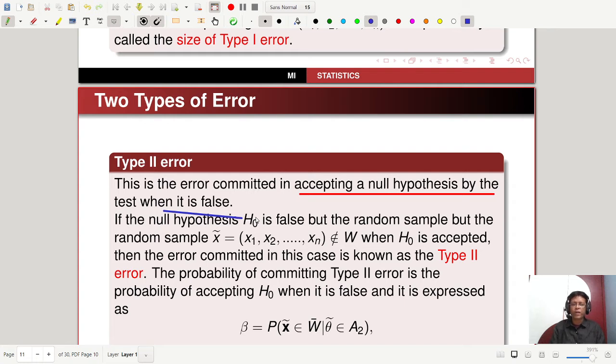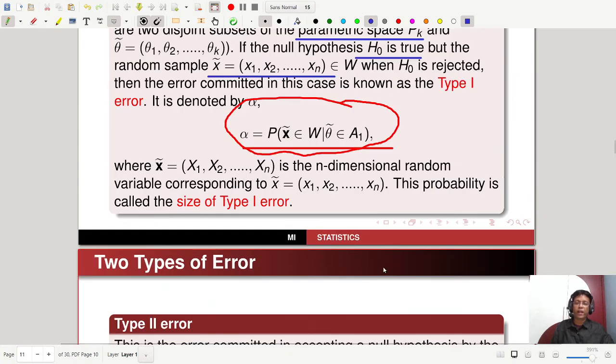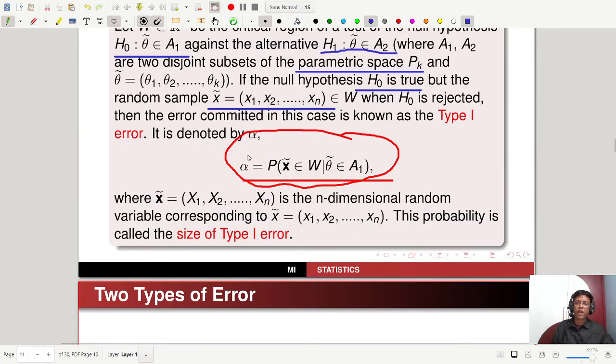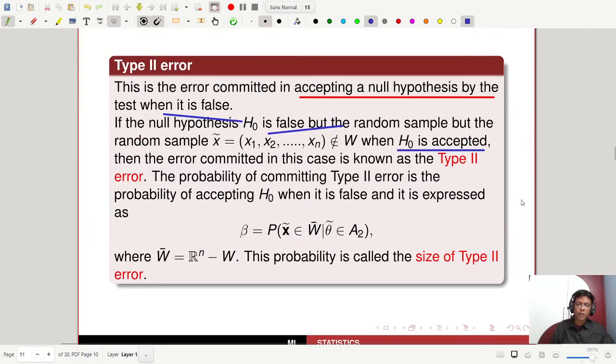If the null hypothesis is false but the random sample x doesn't belong to W, H naught is accepted when it should be rejected. This type of error is known as type 2 error. This is type 1 error and this is type 2 error.